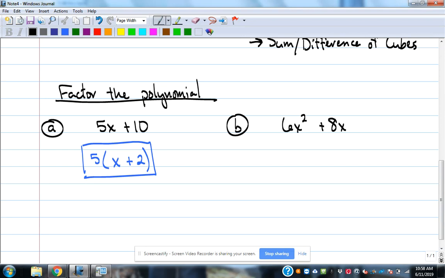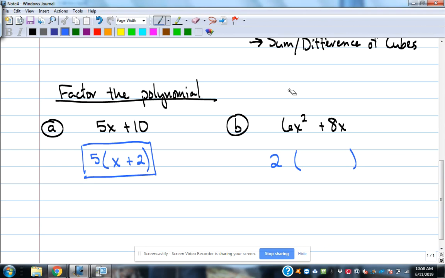Now, the next thing we got to look about is the variable. This one has x squared. This one has x. Which one has the most? Is x squared more than x? Yeah, x squared's more of them, right?